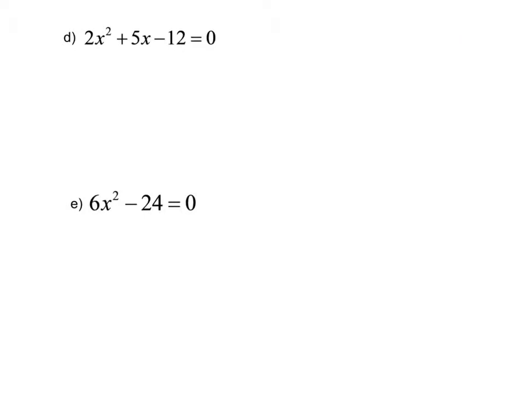Next, we'll look at solving 2x squared plus 5x minus 12 equals 0. Again, go through the usual checklist. Is there a common factor? No. Is there a difference of squares? No. Is it a trinomial? And the answer is yes. It's one of the harder trinomials. So what we can do then is start off with our 2 brackets equal to 0, and 2x squared here, that can only be made up with 2x multiplied by x.